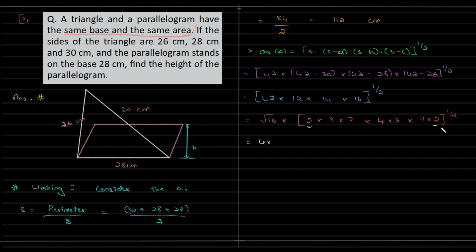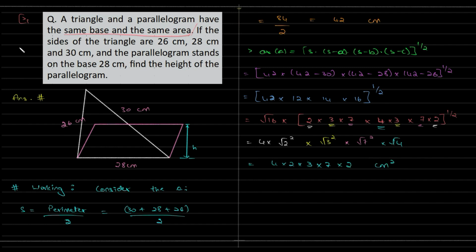Then we have 2 into 2, that is square root of 2 square. Next term is 3 into 3, square root of 3 square. Next is 7 into 7, that is square root of 7 square. And all of this is 8, so all this gets cancelled now. So 4 into 2 into 3 into 7. And yeah, I forgot. See, that's the point of underlining and writing. I missed square root of 4 and that turns out to be 2.